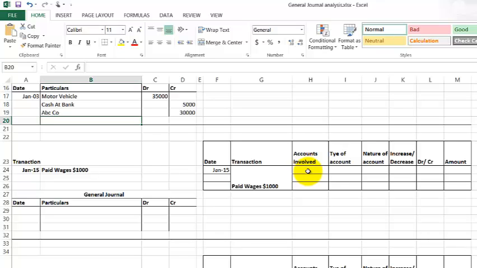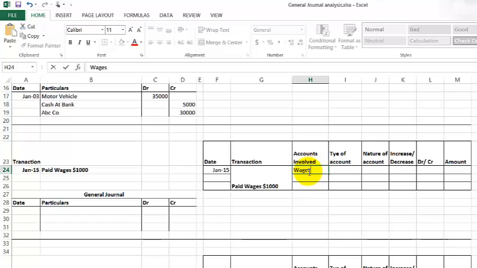We paid wages, $1,000. Accounts involved, wages. And the other one, something to do with cash, so obviously it's going to be cash at bank. All right. Type of account, wages is a new type of account I haven't talked about. It's an expense account. The cash at bank account we've already seen is an asset account.